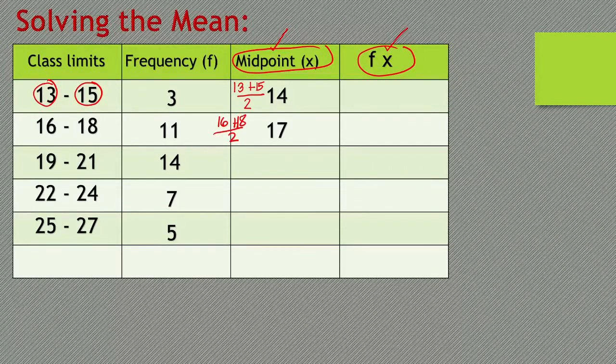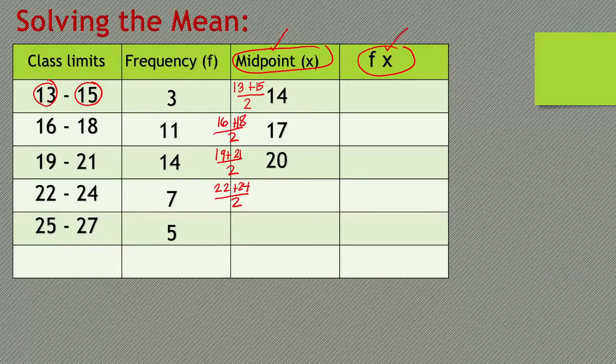Okay? Now, what about 19 plus 21? Divided by 2. 20. What about 22 plus 24?